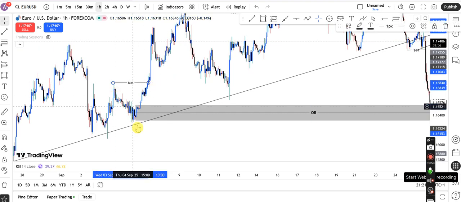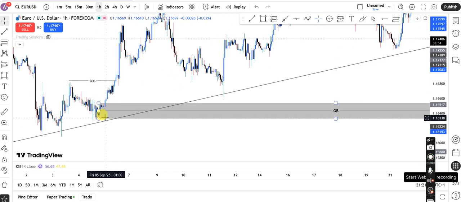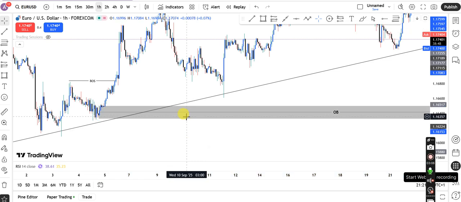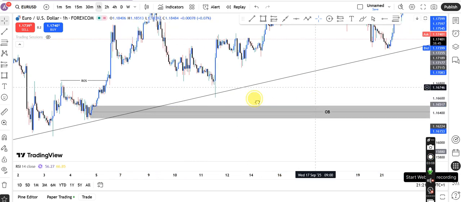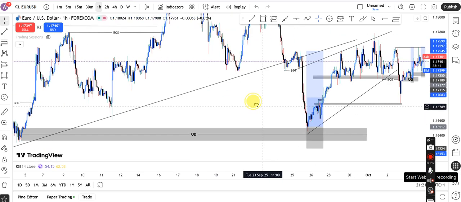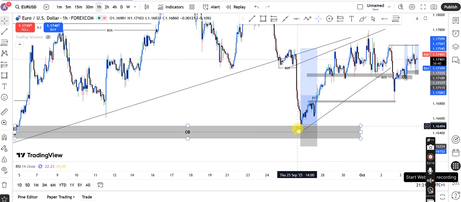So you'd see that's the candles there that broke the structure, the origin. So we mark this as an order block or an area of interest. So you would see that the market went all those highs and it appeared again on this position.